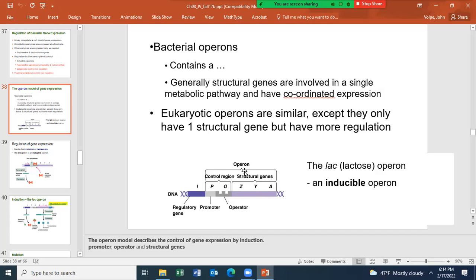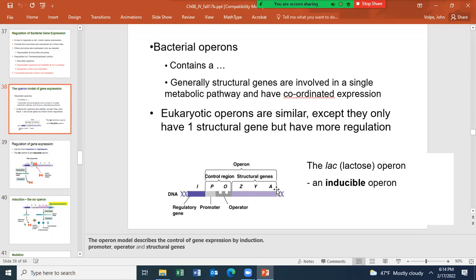And then the operon contains the controlling regions, such as the promoter, which we've already discussed, and the operator. These regions control the expression of the structural gene. And then not shown here, the terminator is part of the operon, and it codes for the RNA polymerase to fall off the DNA.